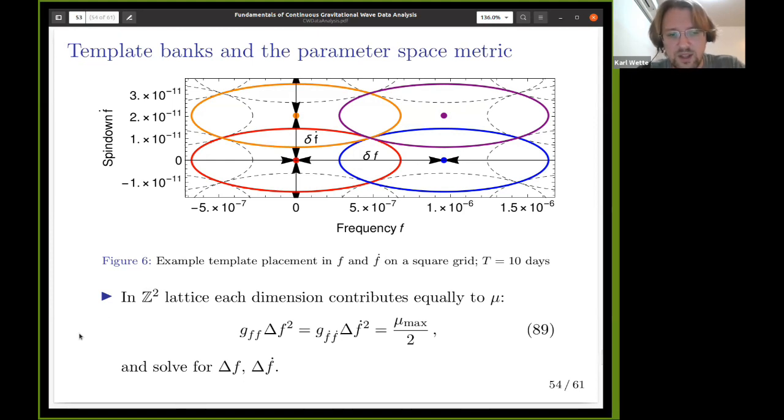I'm not sure why the equation numbers there are the same, but you can basically write that g of f times delta f squared is equal to mu max on 2, and the same for g of f dot times delta f dot squared over 2, and those are easy to solve for, getting the metric spacings delta f and delta f dot, which is something we'll need to use for the tutorial.